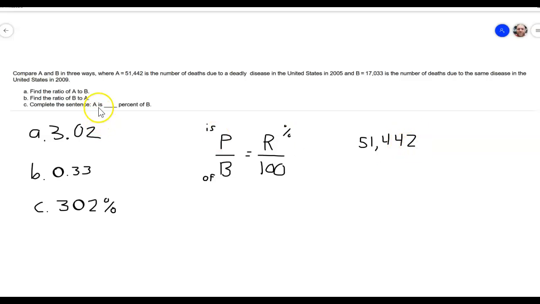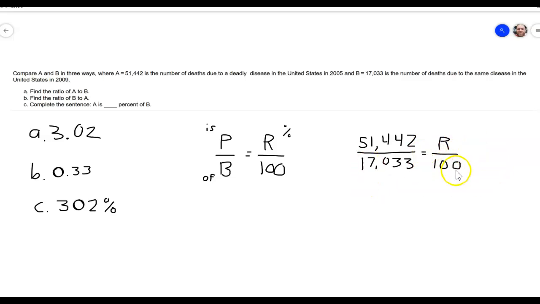Then of B, B is associated with the word of, and B is 17,033, so that goes down there. That's equal to R, the percent, which is our unknown we're solving for, over 100. So we can set up a proportion here.